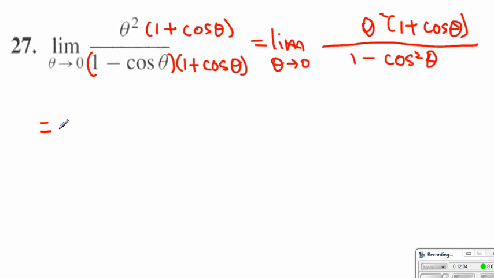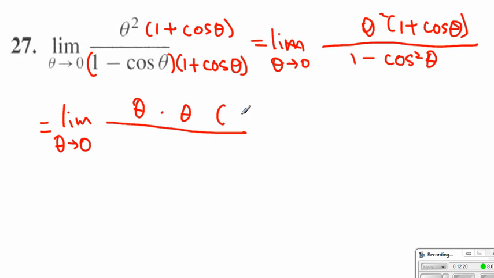Now this becomes the limit as theta approaches 0. I'm going to rewrite the theta squared as theta times theta intentionally, and I'm going to rewrite 1 plus cosine theta.